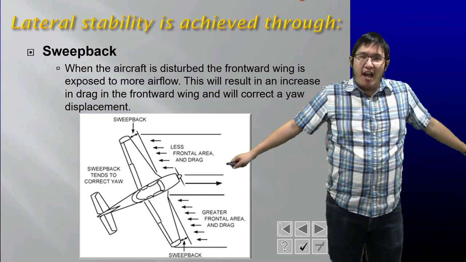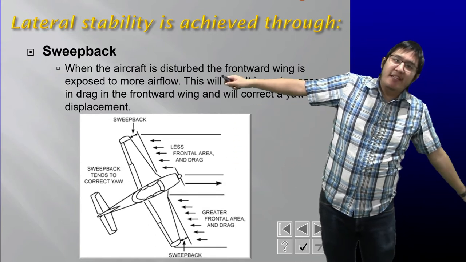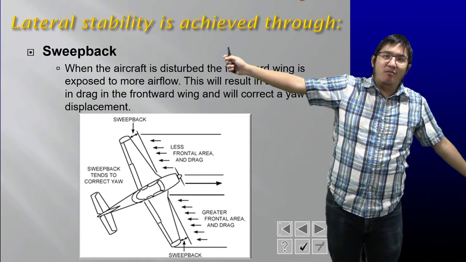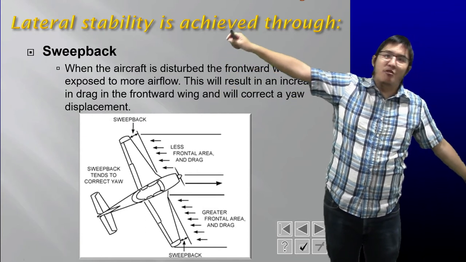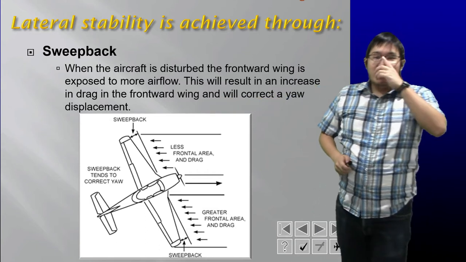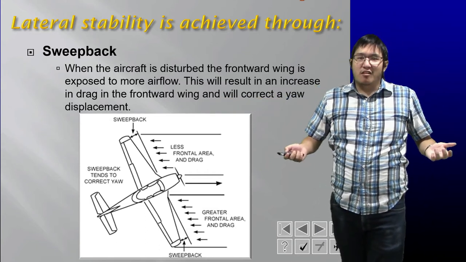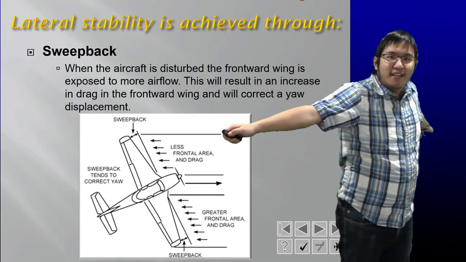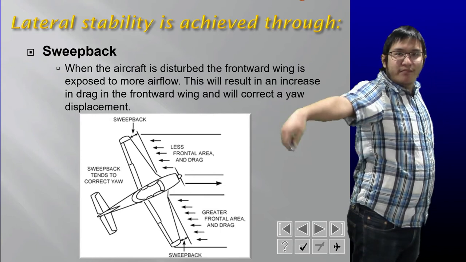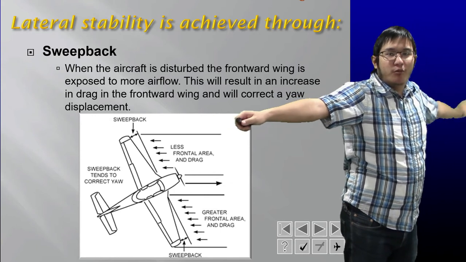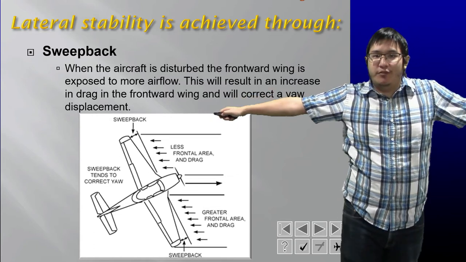Whenever a wing is dropped, the dropped wing will start to generate more lift than the rising wing, and that will level us out. It also helps with our yaw stability. Whenever we have a yaw in one direction, the forward wing, due to the yaw, will create more drag than the rearward wing, and that will fix us into place.